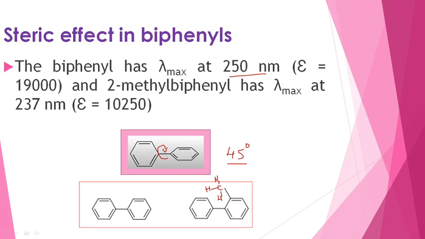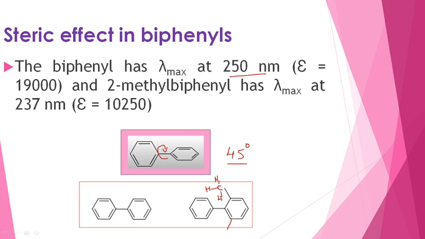So electronic repulsions can take place. Due to the repulsions, high energy is required, and as the energy required is high, the lambda max must decrease. So this is the substituted biphenyl system, substituted at the second position. If you substitute at another position as well, a 2,2 system, you are increasing the steric hindrance.